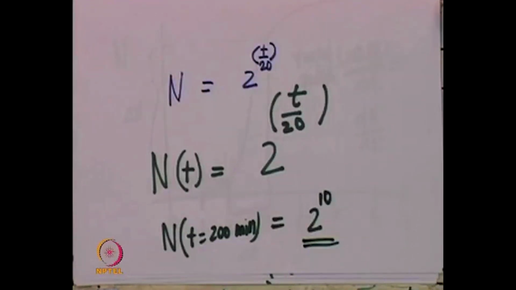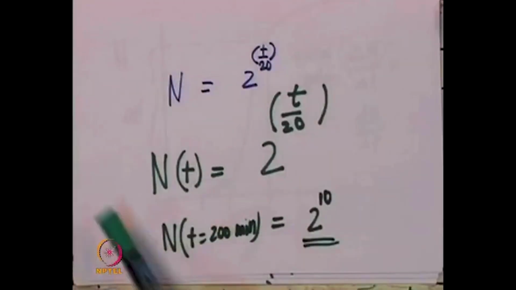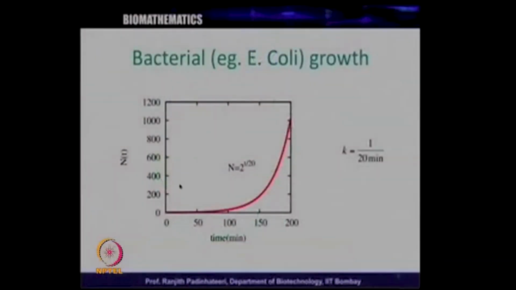Let us see what we get when we plot this function n equal to 2 power t by 20. Have a look here. What we get is this kind of a function, with n on the y axis and time on the x axis.